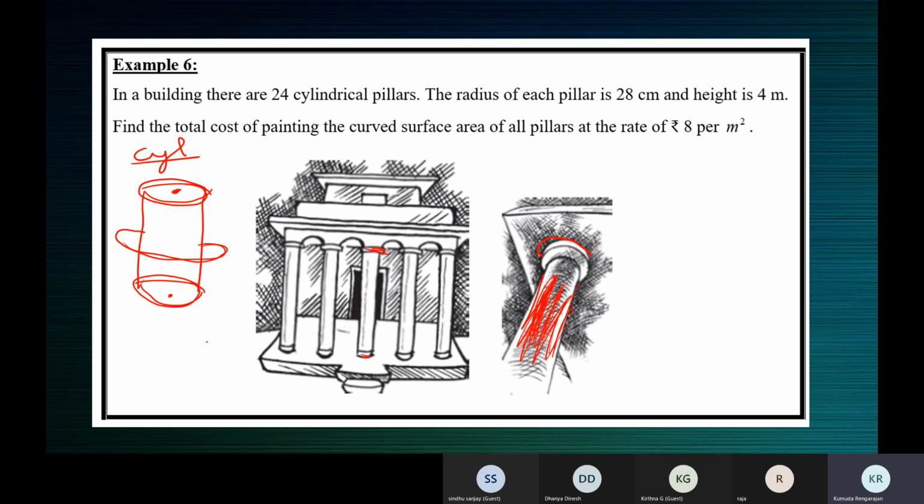Now, supposing you have a cylindrical object, these whiteboard markers are cylindrical. Think of a sketch pen which is cylindrical. Can you see in the sketch pen the circle on the top and bottom? Yes, you can see, because you can lift the sketch pen and see the circle at the bottom and the circle on the top.